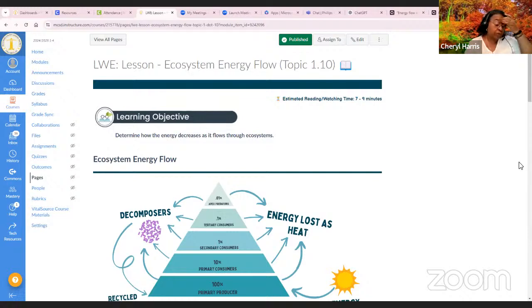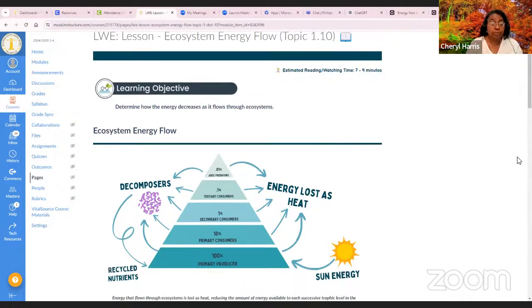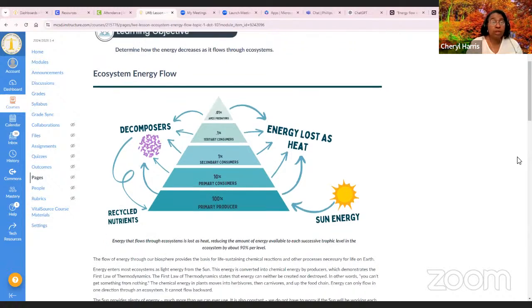We're on ecosystem energy flow, and we're looking at this pyramid. Now again, let me backtrack. We use a pyramid to represent where most of the organisms are, where most of the energy is. It's at the base of the pyramid, so that's the widest part.